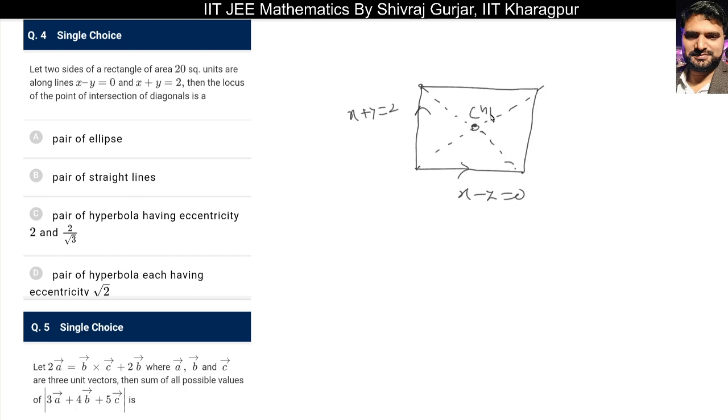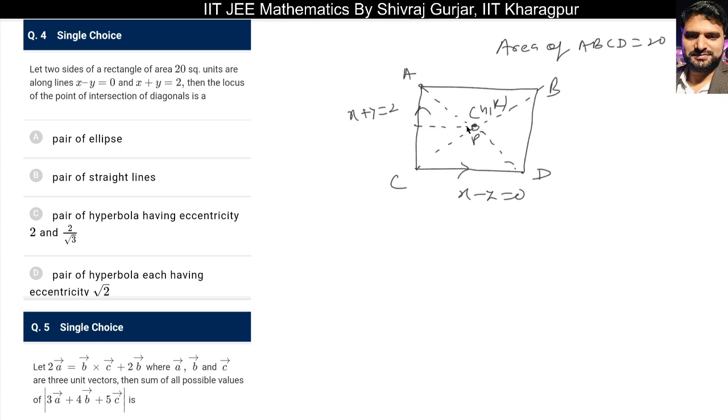Let us say that this intersection of the diagonals is P, and let us assume that this is some (h, k). Let us say this is ABCD. The area of rectangle ABCD is given as 20.